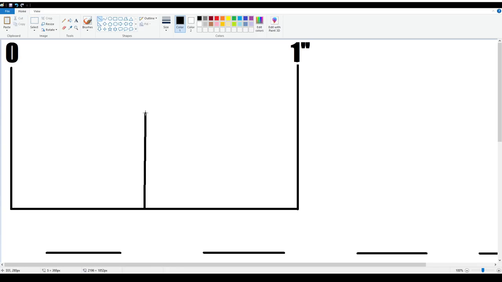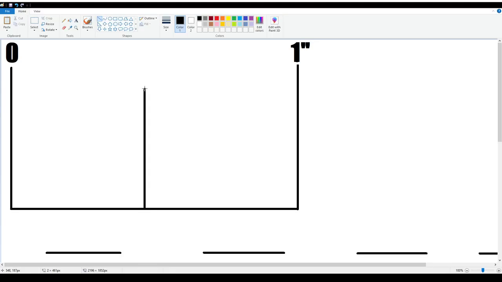There we go. We have roughly halfway between, and if you notice, I'm not going to make this line go all the way to the top. It is not going to be as long as that 0 line and that 1-inch line. It's actually going to be a little bit shorter, and there's a reason for that. This is going to be our half-inch line, and I'm going to make it about right there.